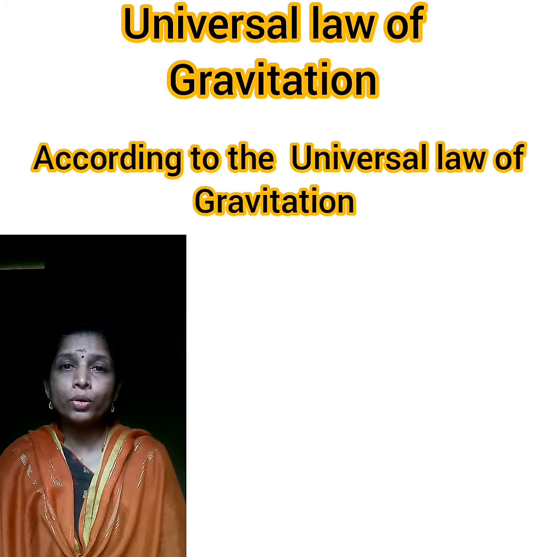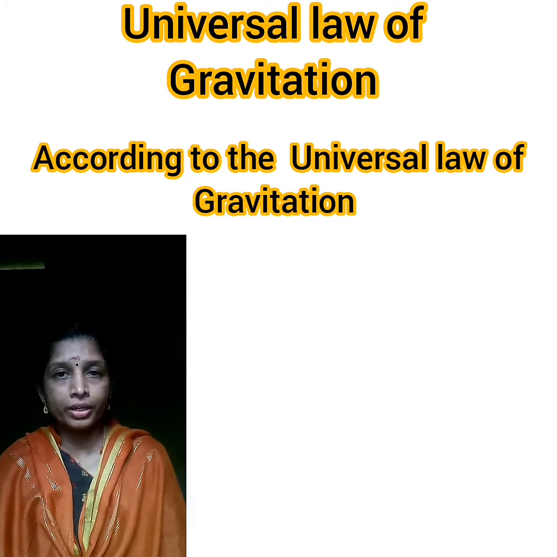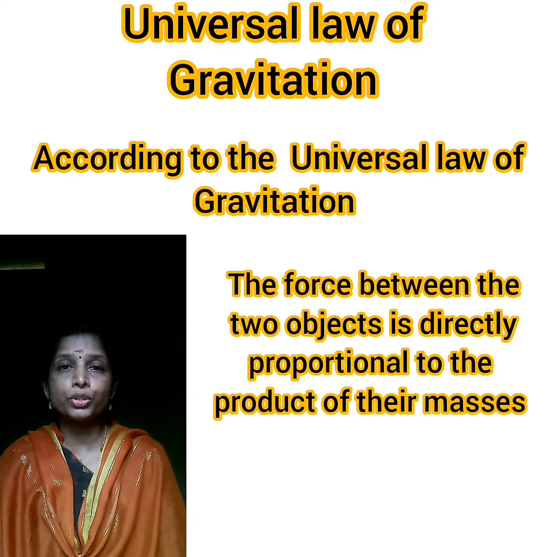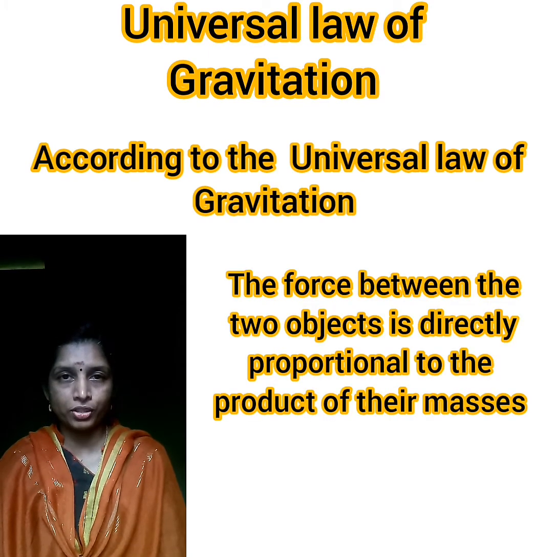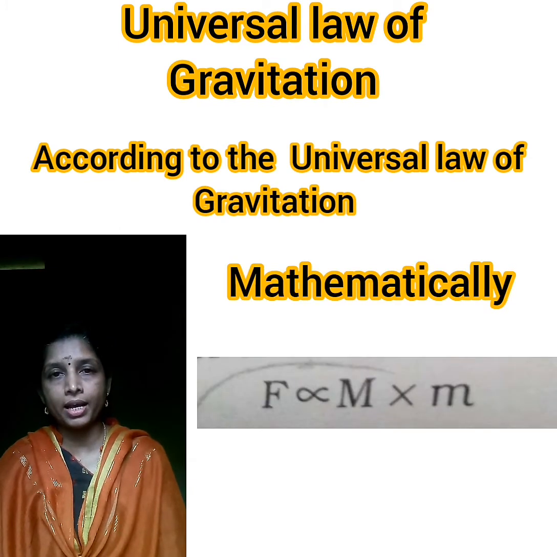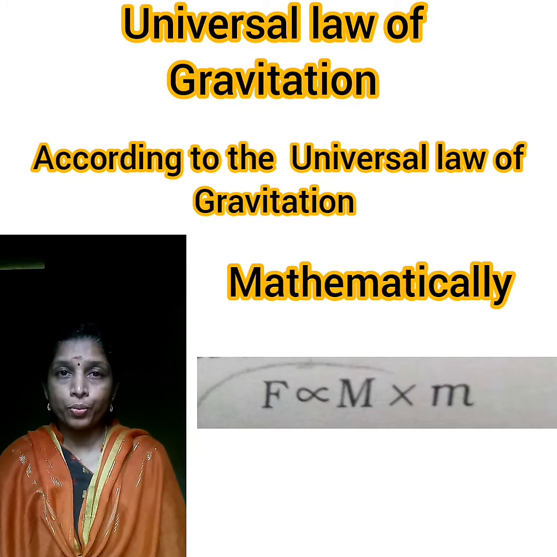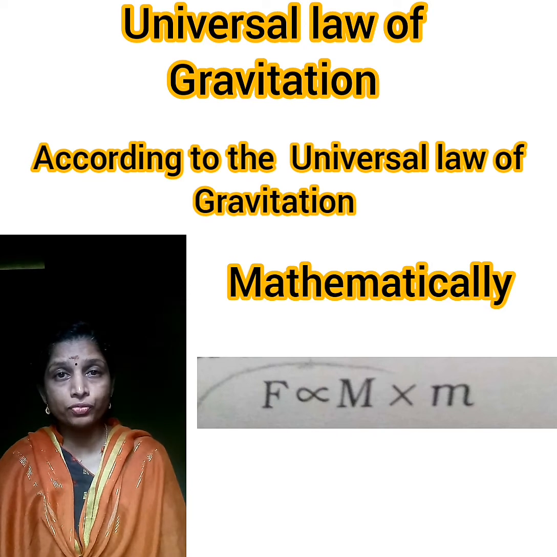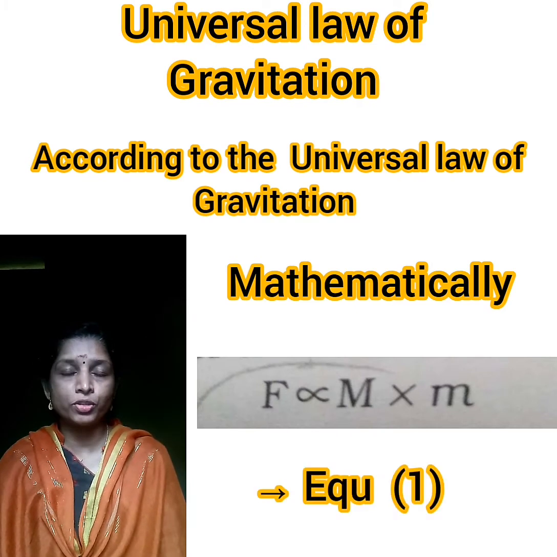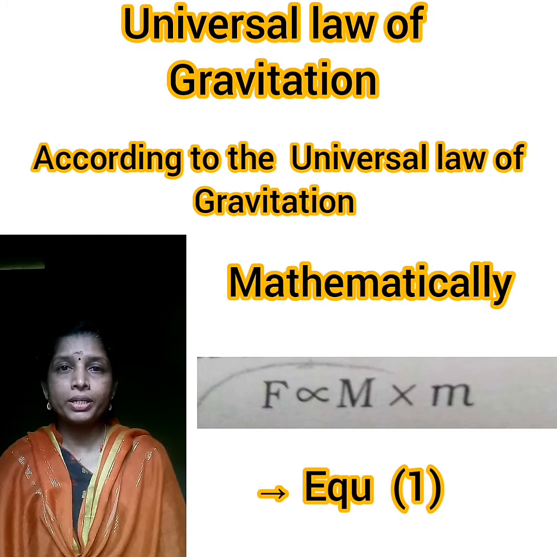According to the universal law of gravitation, the force is directly proportional to the product of two masses. Mathematically we can write this statement as F proportional to capital M small m, where capital M is the mass of object A and small m is the mass of object B. Put it as equation number 1.